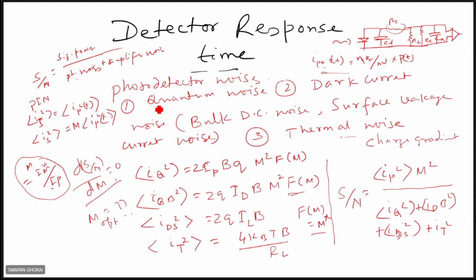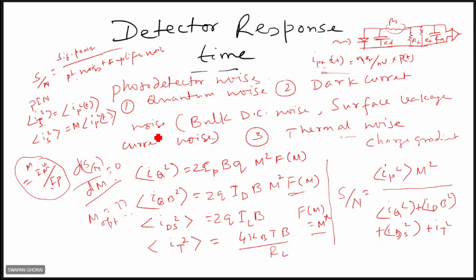Now the noises in the photodetector. When you consider the noises, there are several kinds: quantum noise, dark current noise, thermal noise. Quantum noise is because of the statistical nature of the quantum detection process, so there will be some fluctuation around the average DC value IP.